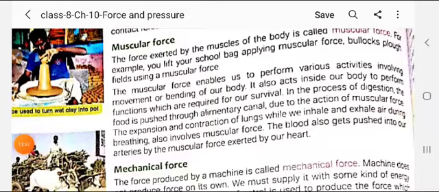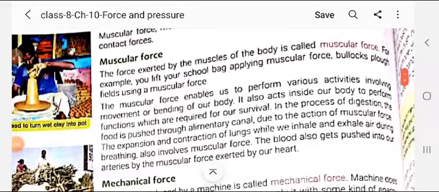सो स्टूडेंट, मस्कुलर फोर्स के बारे में बता रहे हैं। The force exerted by the muscles of the body is muscular force. For example, you lift your school bag.